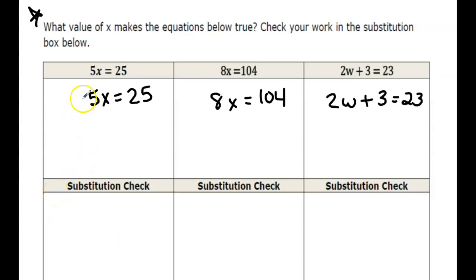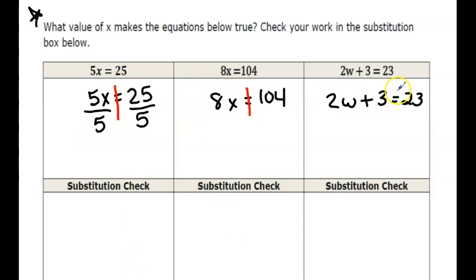So in the first example, the 5 is attached to the x. So we want to divide by 5 on both sides of the equal sign. Remember that equal sign is our separation point.